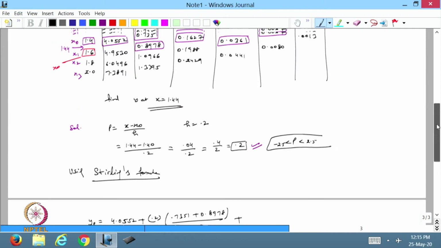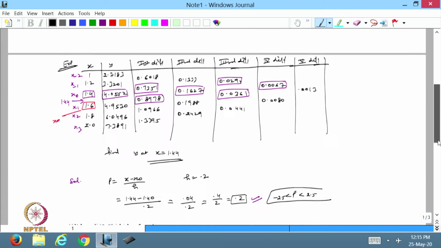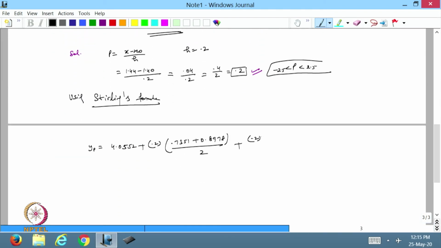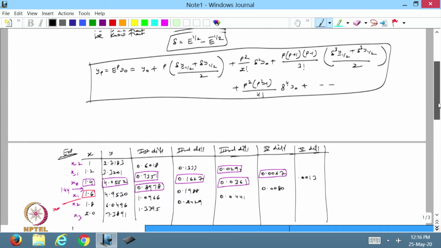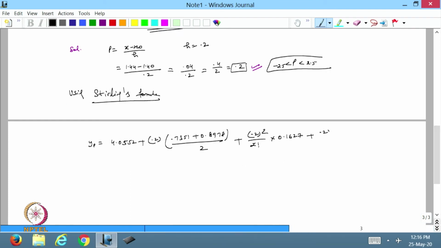The next value will be p square by 2 factorial. So it will be p square by 2 factorial, and then this value will be multiplied by 0.1627. Then the next value will be again p plus 1, p minus 1 by 3 factorial, and the average of the next two values.